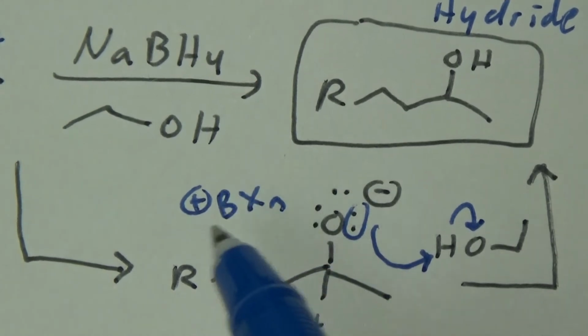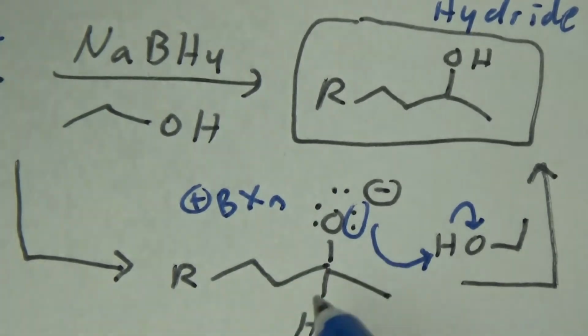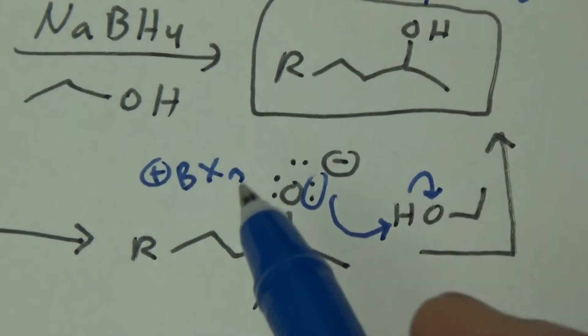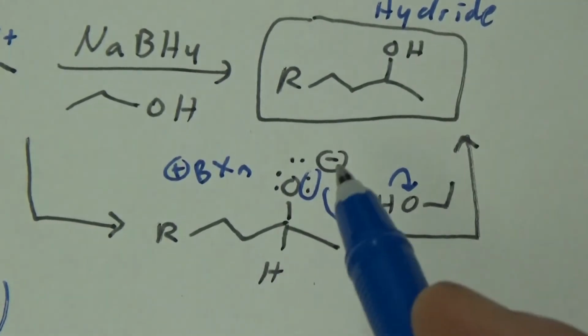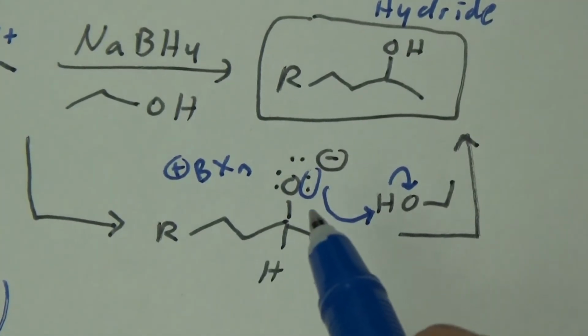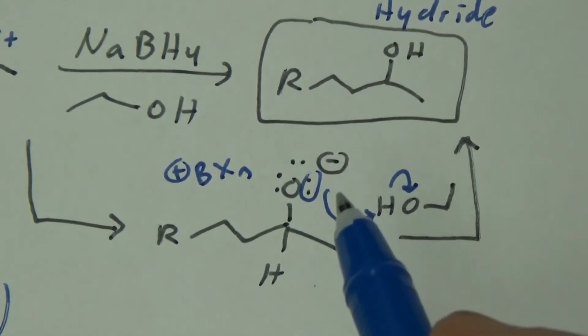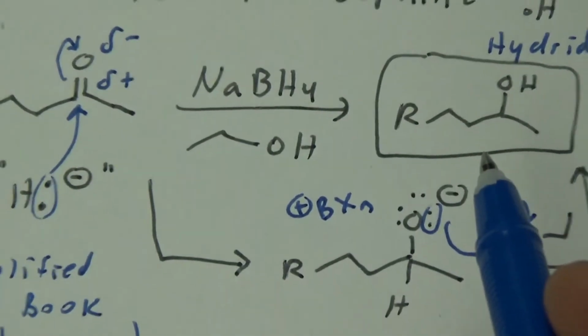So there's an ion pair between this O minus and the BXN plus. Sometimes you'll just draw sodium because sodium is still around too, but that's not a big deal. So we have this counter ion pair, and then we have a secondary alcohol product.